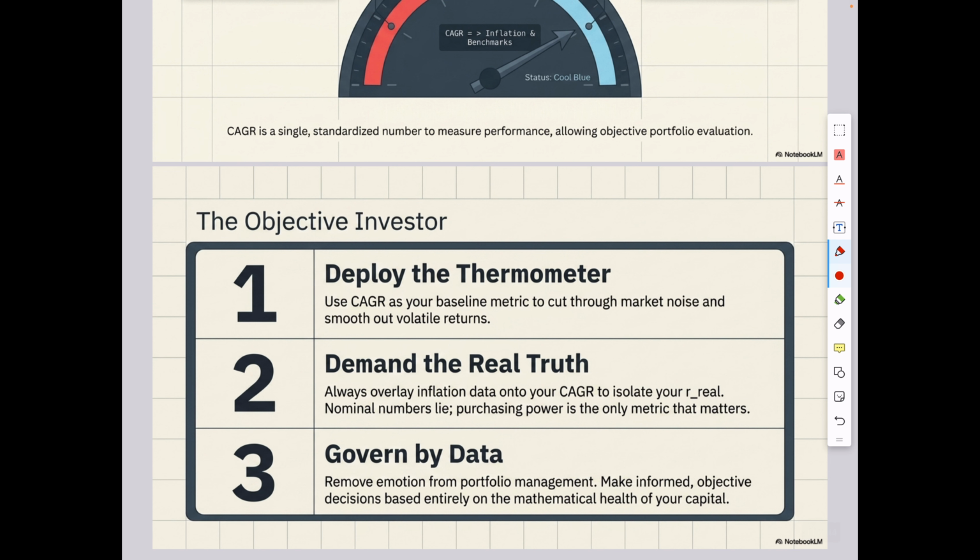And then it helps me answer the question of whether I should put more money into that particular investment. The last thing is that this is governed by data. Data don't tell lies. You see the price go up, you see the price go down, right? And whatever you get from this CAGR is very objective.